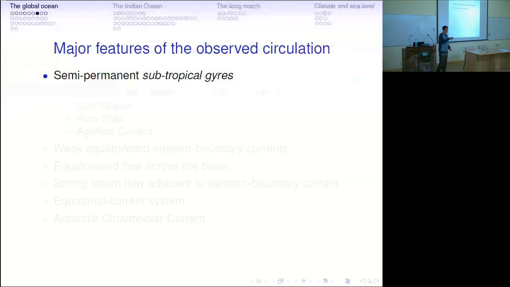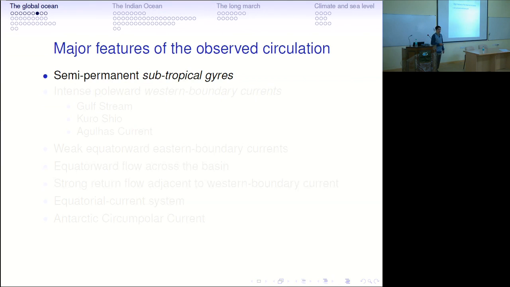Gyres, closed circulations. Subtropical, because they're not in the tropics. The southern boundary of the Gulf Stream is around Florida, which is already around 25 to 30 degrees north. So you're talking of a circulation that is not within the tropics of Cancer and Capricorn. It is permanent in that the direction of the Gulf Stream does not change in time.